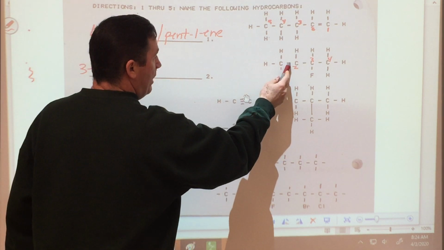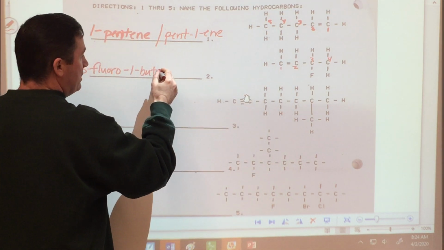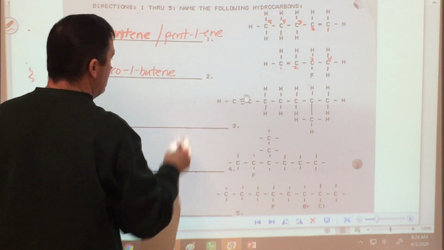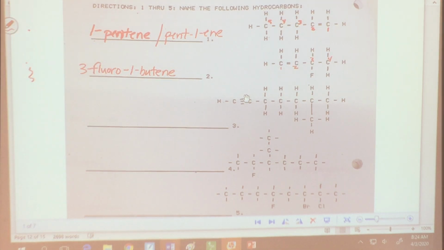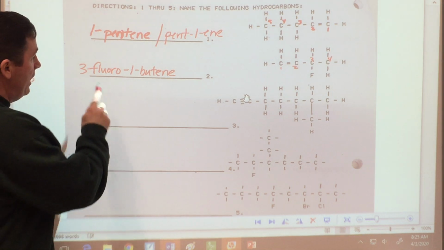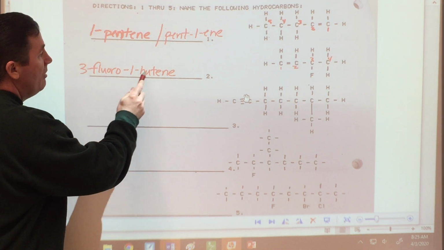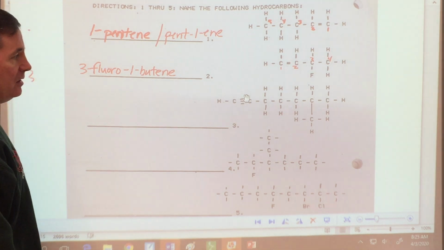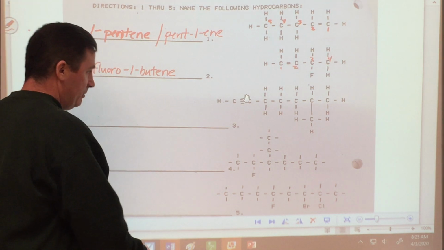This makes it a double bond, and the double bond tells me that it is an ene. 3-fluoro-1-butene. You could also see this as 3-fluoro-but-1-ene. Just for your own brain.